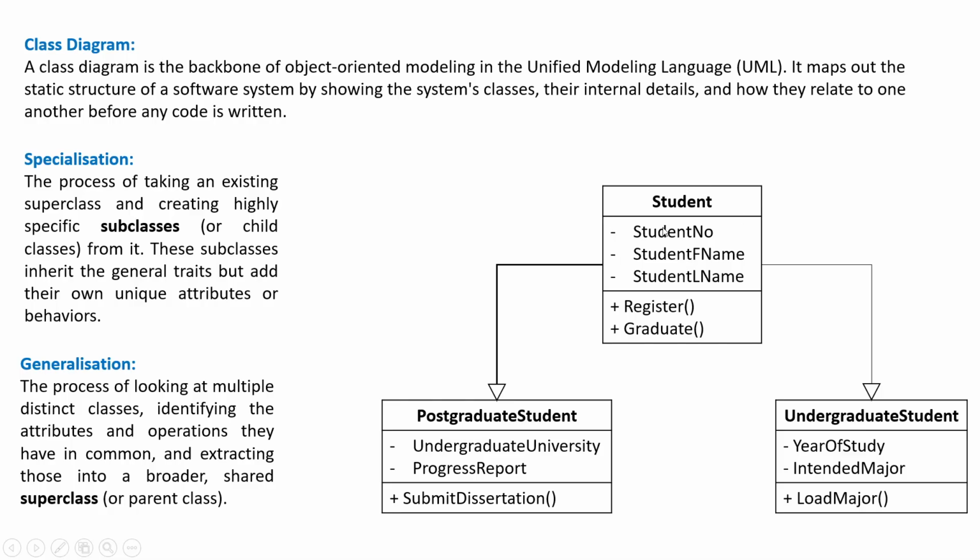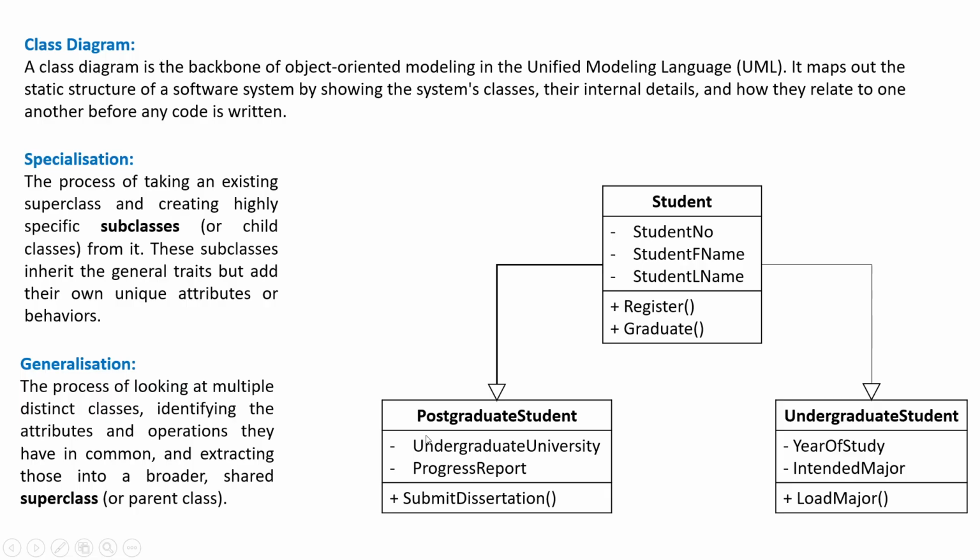Our superclass or base class would be student. This means that a postgraduate student has a student number, a student first name, a student last name, a register method, and a graduate method. But it also has unique properties of its own, in addition to the properties and functionality of its base class.